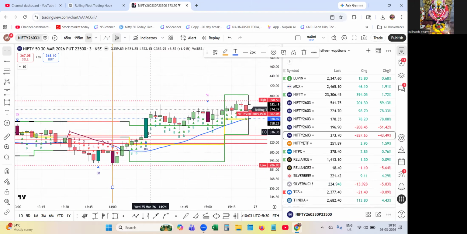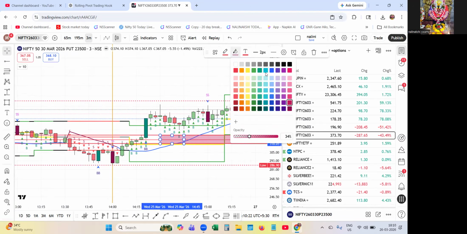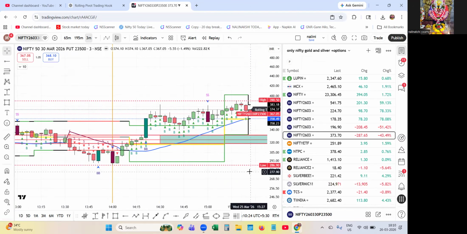So you are holding it confidently. These red lines have become supports. All this area, which was red at one point of time, becomes green. So you are in the green territory.